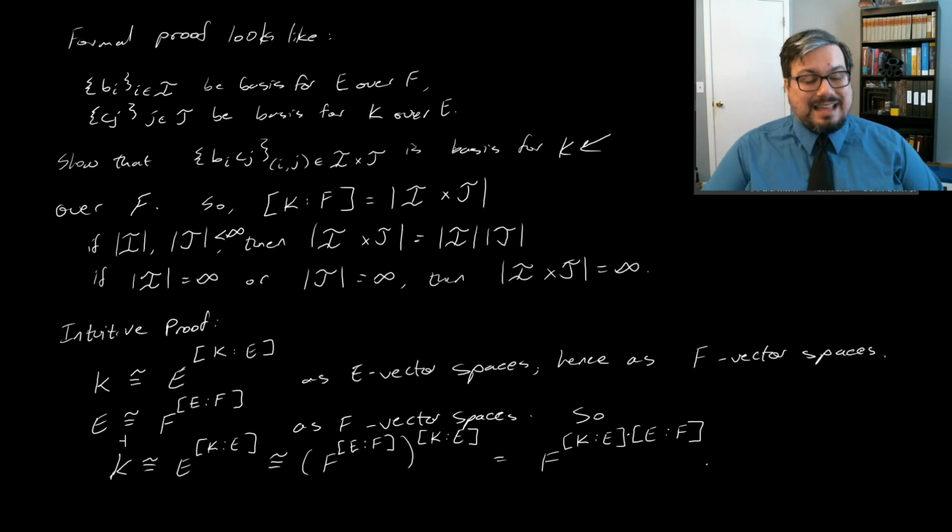It shows that as an F vector space, K has a dimension equal to the degree of K over E times the degree of E over F.